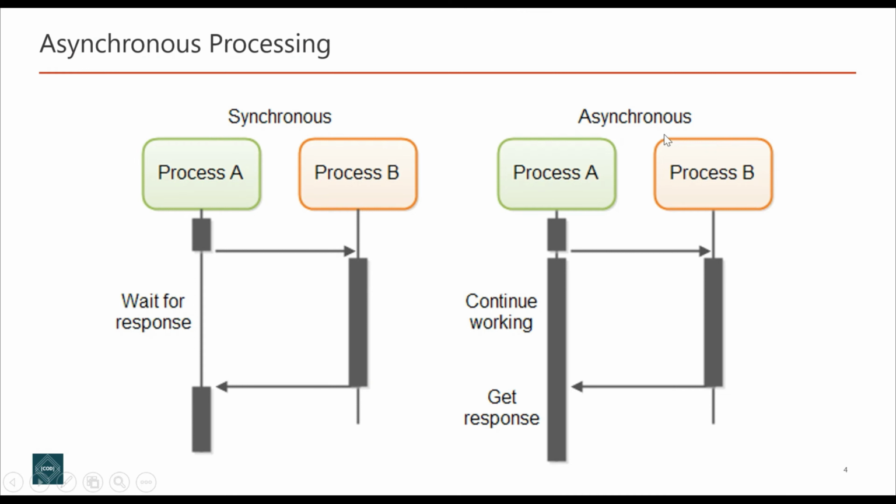But in asynchronous, what happens is process A requests data from process B and doesn't wait for it to complete. It continues working with other tasks available to process. And then as and when the response comes back, it accepts the response and sends it back to the user or does some operations. We can achieve this today using callback features, or there are multiple other ways to achieve it.